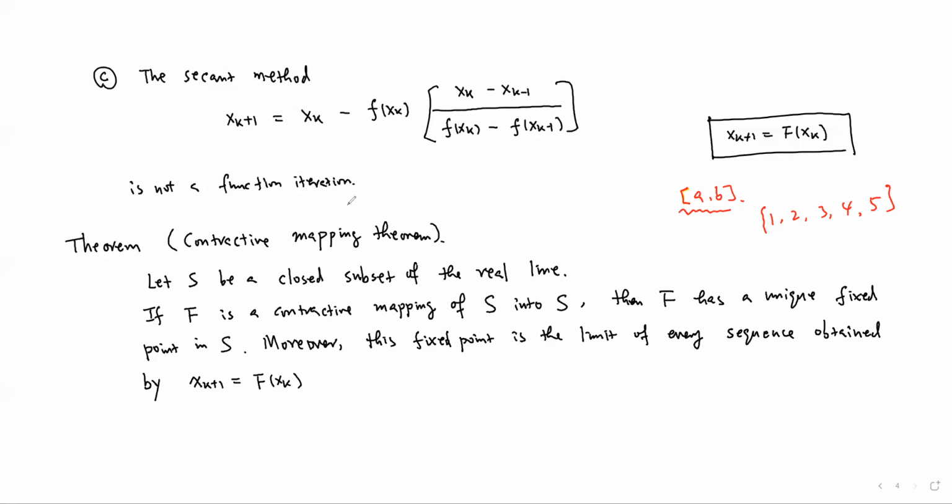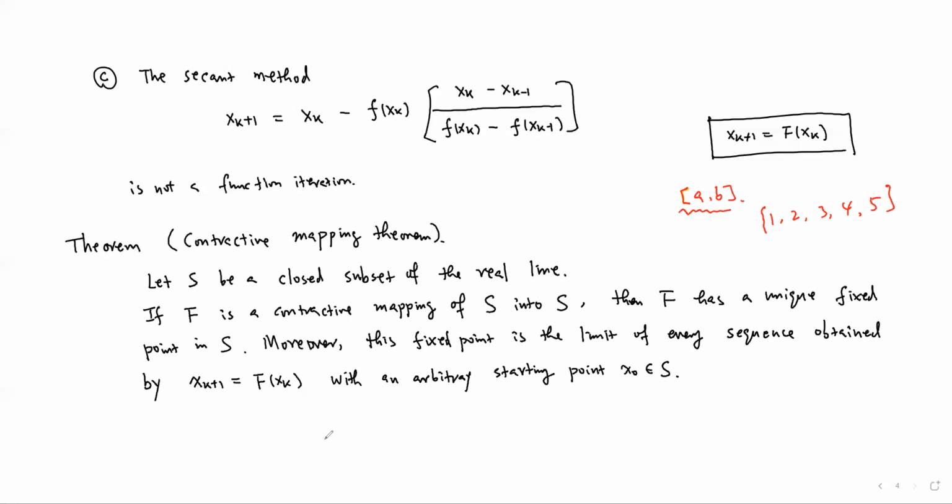But no matter how you choose x0, this iteration x_k will converge to this unique fixed point. The fixed point is the limit of every sequence obtained by the functional iteration with an arbitrary starting point x0. Of course, x0 is in the set S.